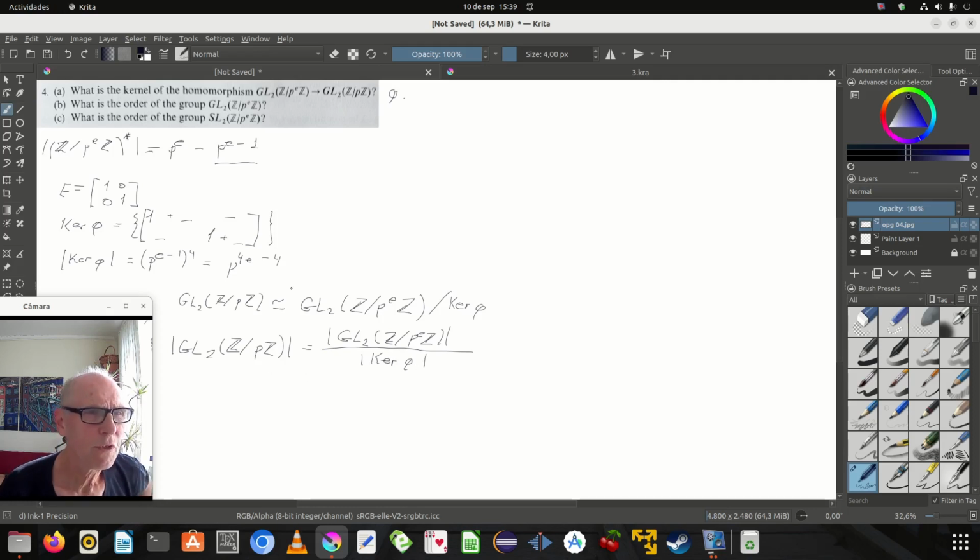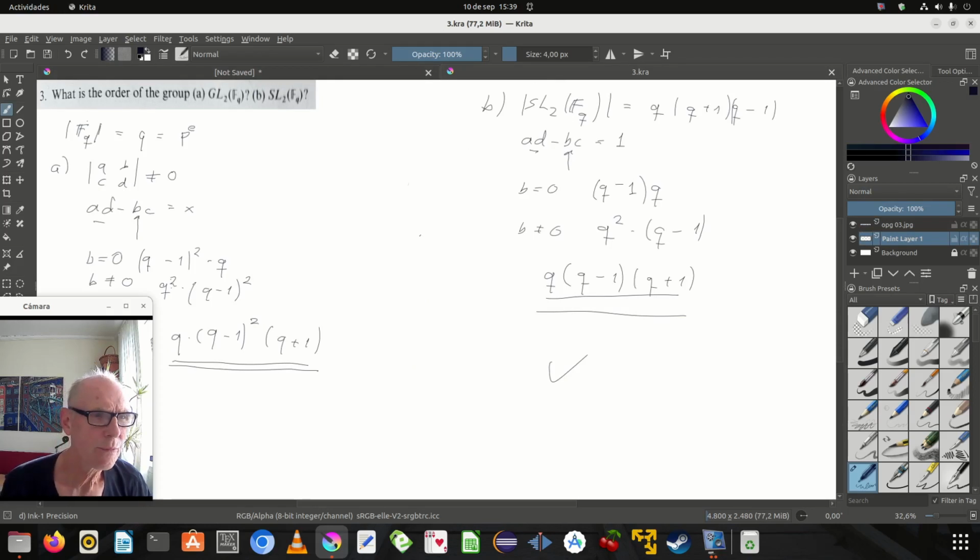And now, which do we know here? GL2 here, we did that in the last problem, which I have here.